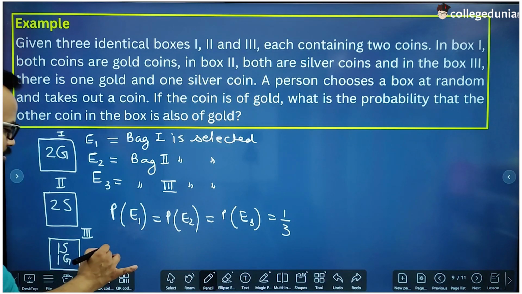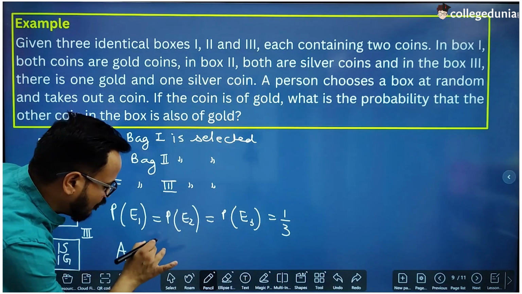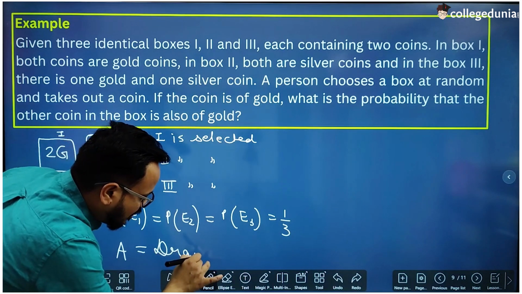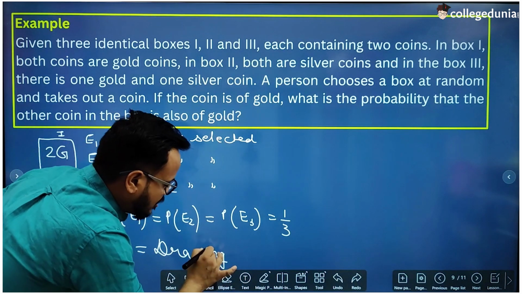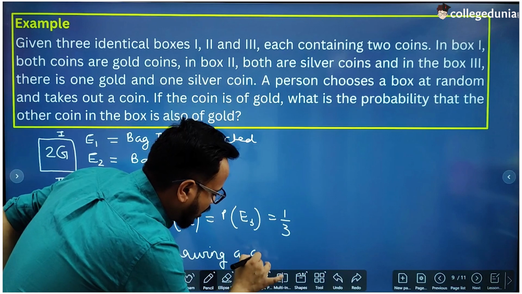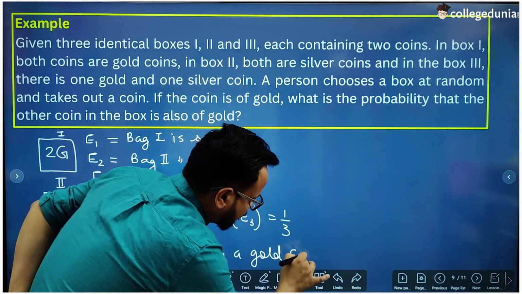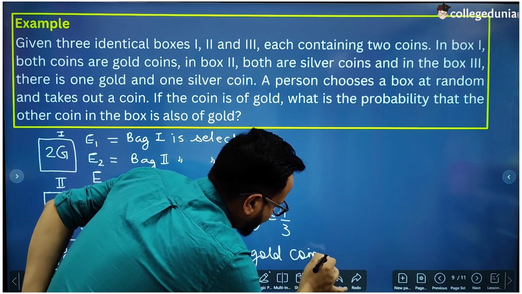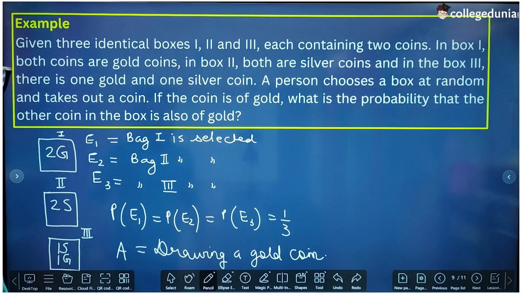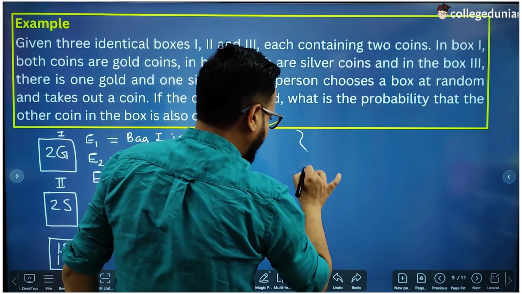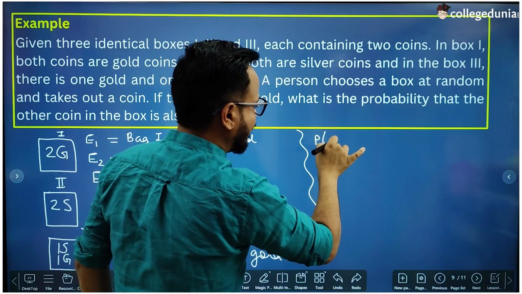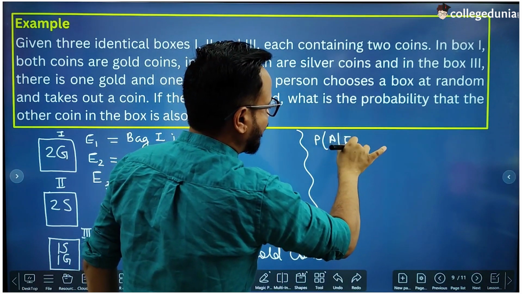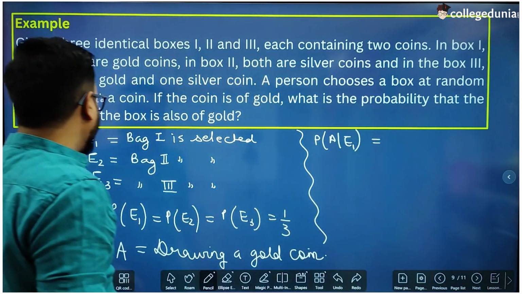Okay, what is the probability? Now A is the event of drawing a gold coin, right? So if we have chosen bag 1 and draw a gold coin from it, then what is the probability?